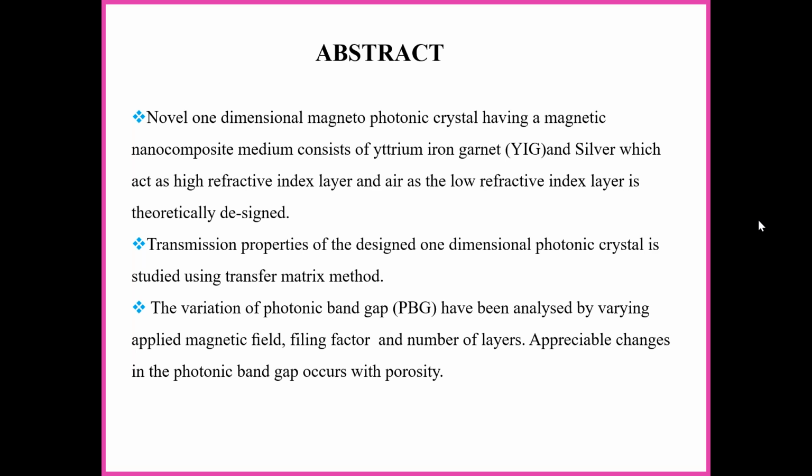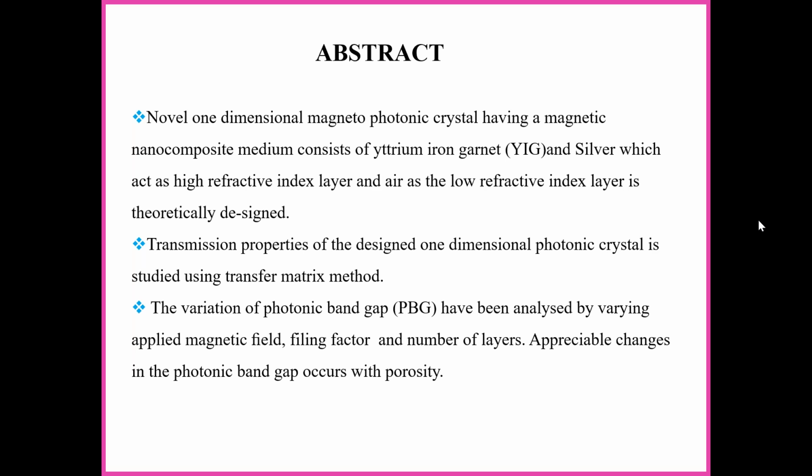Here the base material is yttrium iron garnet, and there we doped silver nanoparticles. Therefore, we can say that it is a magnetic nanocomposite. This magnetic nanocomposite medium is taken as the A medium and air as the B medium. The first one is a high refractive index layer, and the second one is a low refractive index layer. By using this, we can make a one-dimensional photonic crystal.